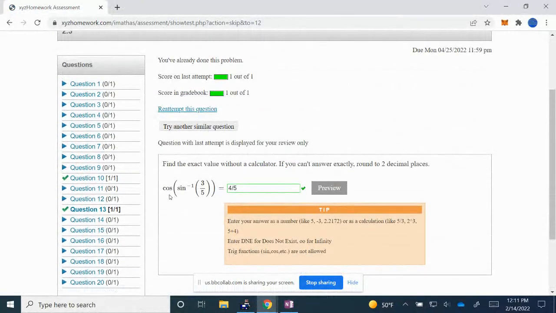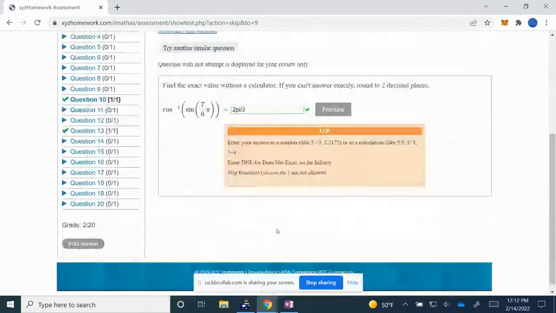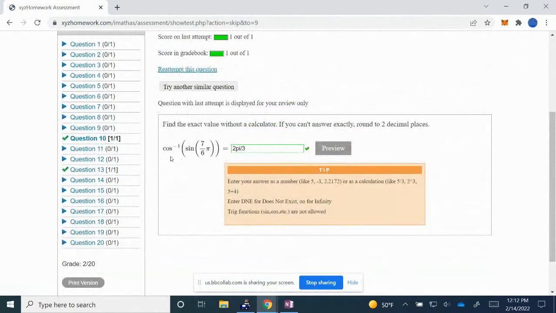Now notice this problem is a little bit different. This will require us to sketch out a triangle. So notice that in the problem we did earlier, I believe it was this one, the arc function was the outermost function. So we were able to evaluate the innermost function, and then just apply the correct interpretation to our arc cosine.